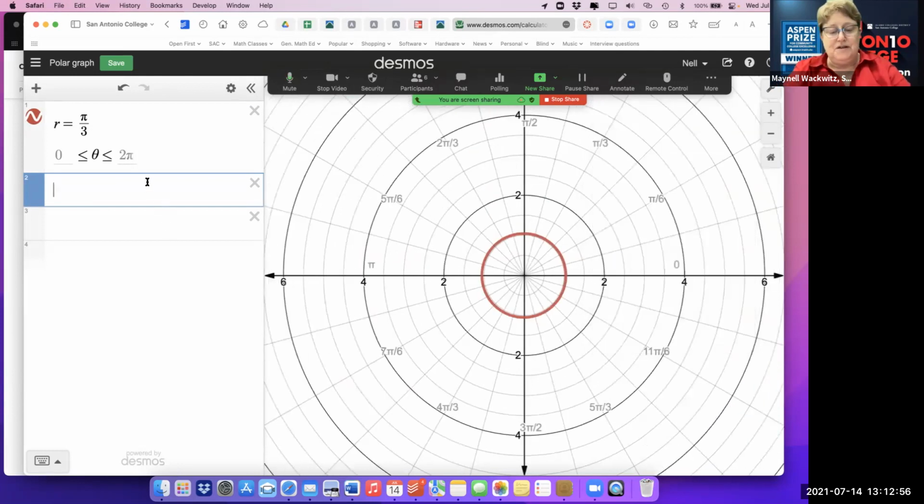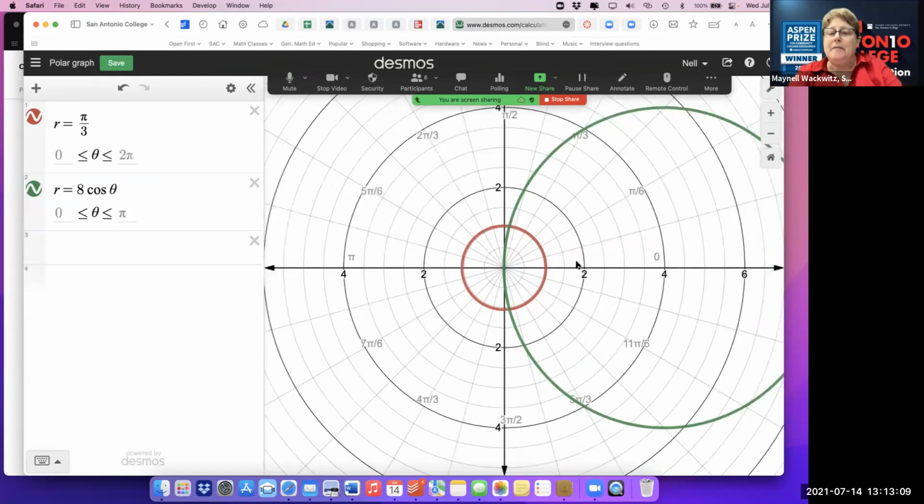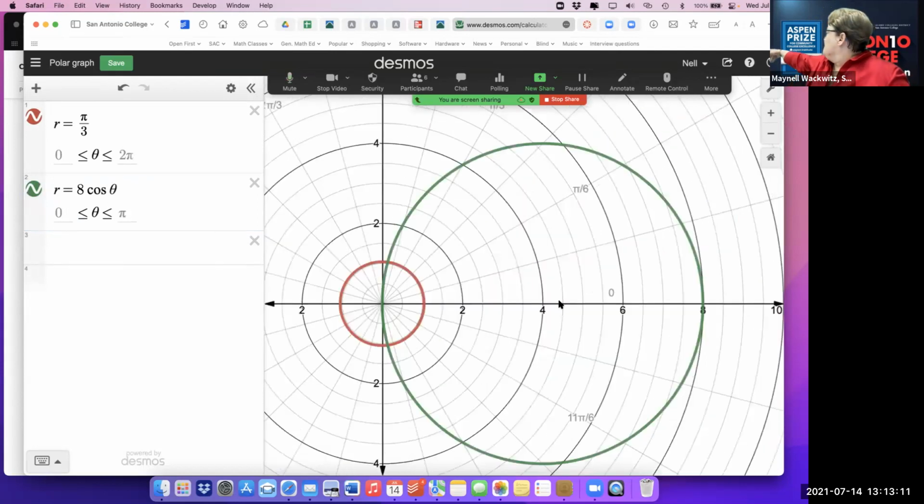So what if we wanted to look at R equals 8 cos theta? And then you can see we have a circle. It's centered at 0, and it has a radius of 4 if we're doing it in rectangular coordinates.